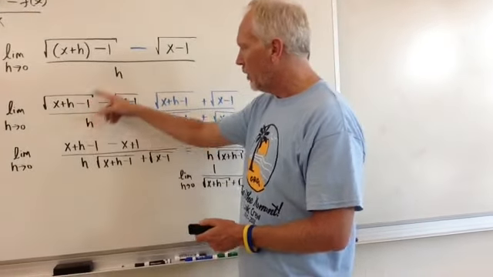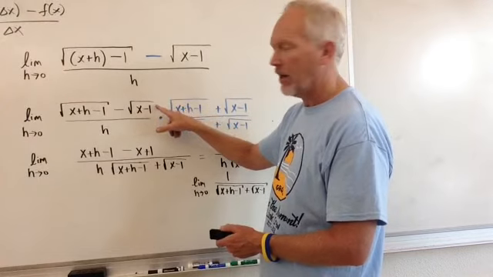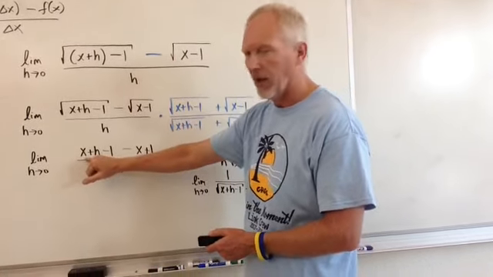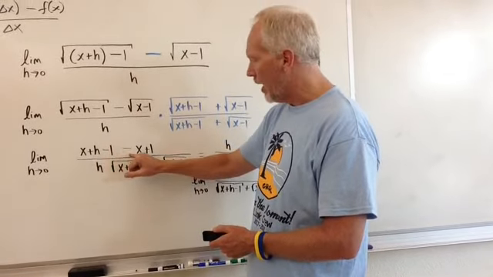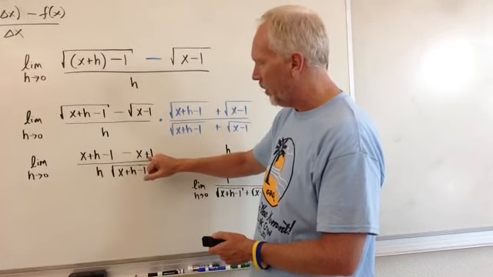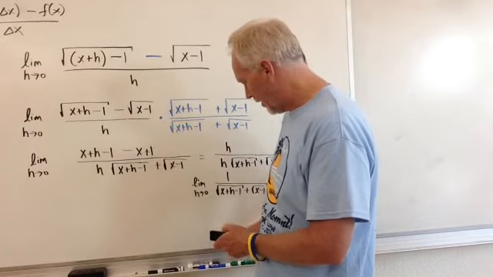Now, after we perform that, this squared, that squared, this x minus 1 squared, everything comes out of the radical. We get x plus h minus 1 minus an x minus 1, and that positive came from after I square this piece here.